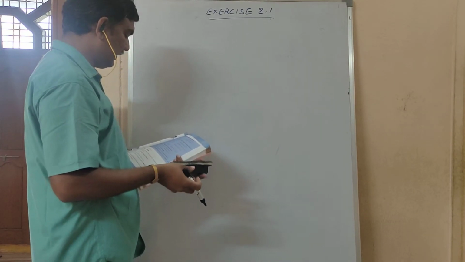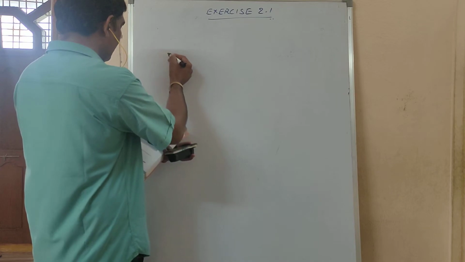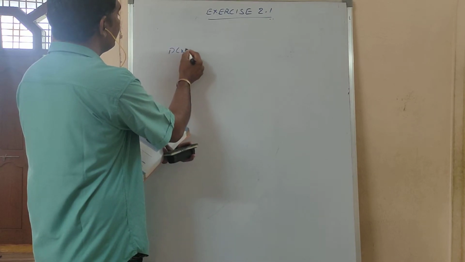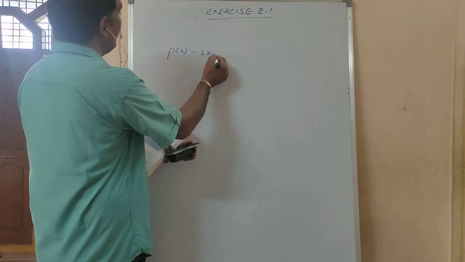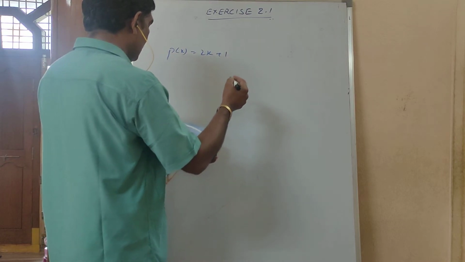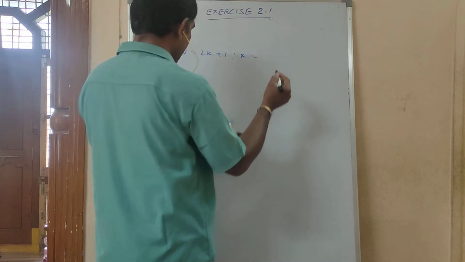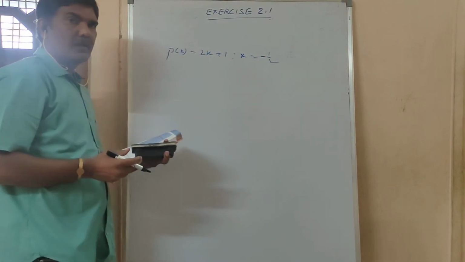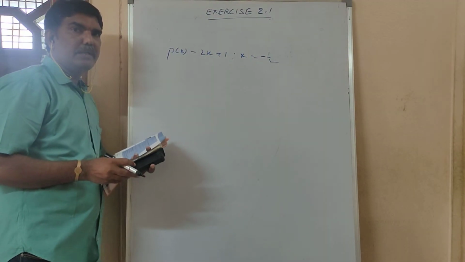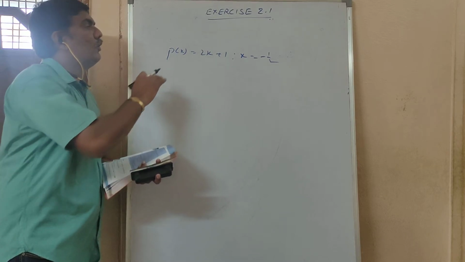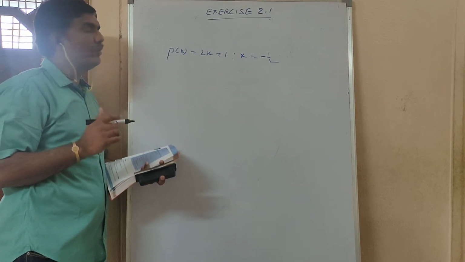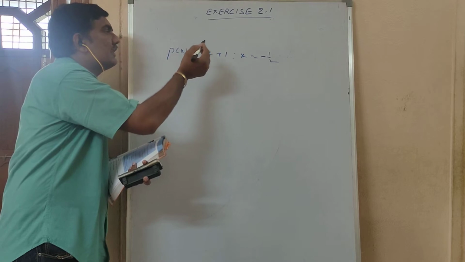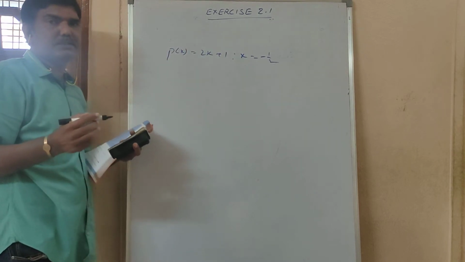Okay. Now what you have to do is here p of x is equal to 2x plus 1 they given, and x value they given as minus 1 by 2. What you should do? So in place of x, substitute minus 1 by 2 first.